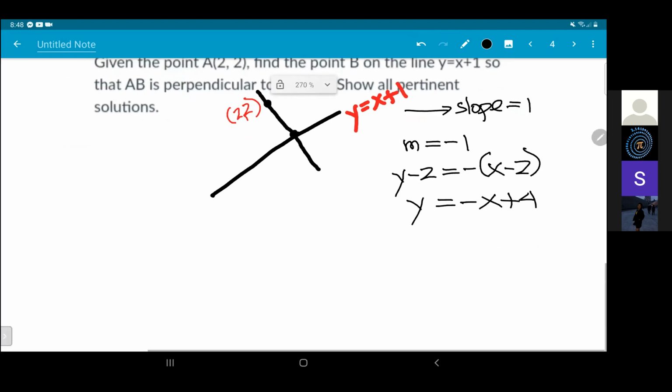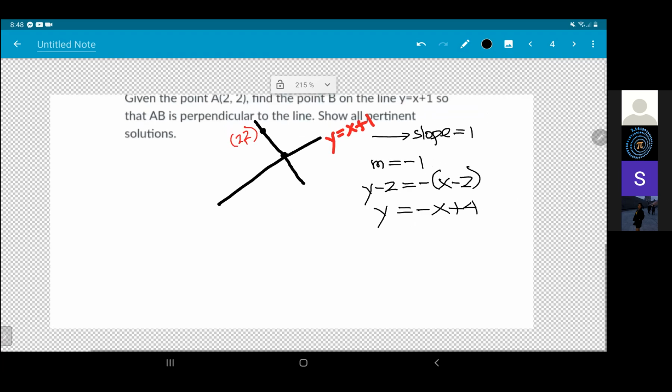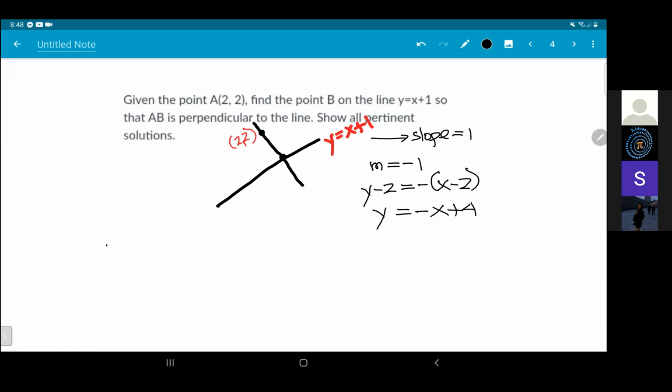And then we get the point of intersection of the two lines. That means we will have to solve the system given by their equations: y equals x plus 1, y equals negative x plus 4. Though not taught in class, remember, when you solve a system of linear equations, you use the elimination or the substitution method.